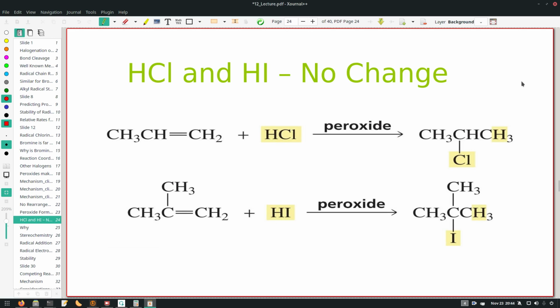Alright. Fortunately, or unfortunately, depending how you want to look at it, the peroxides only change the products with HBr. If you try HCl or HI, you get the product you'd expect. And it really is because of how the reaction goes.